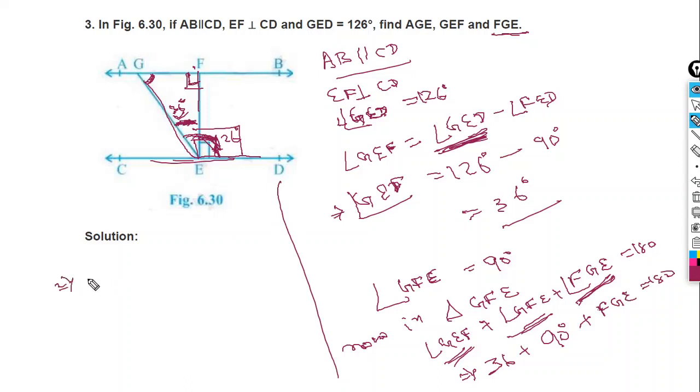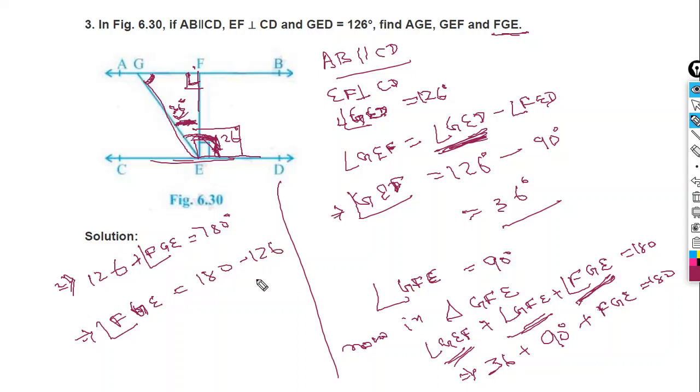Implies 36 plus 90, we add them, will be 126 degrees, plus FGE equals 180 degrees. Implies FGE will be equal to 180 minus 126, which is 54 degrees. So FGE angle is 54 degrees.